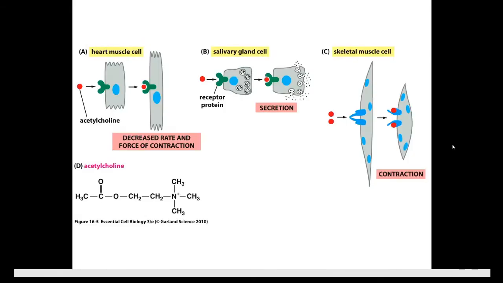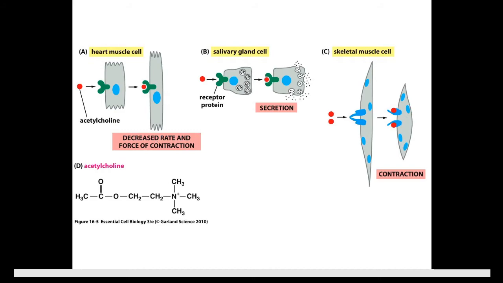Next is signaling of the heart muscle cell, signaling of the salivary gland, and signaling of the skeletal muscle cell. The first example is signaling through the heart cell. Acetylcholine attaches to the cell surface receptor of the heart muscle cell. The heart muscle cells are forced to contract.